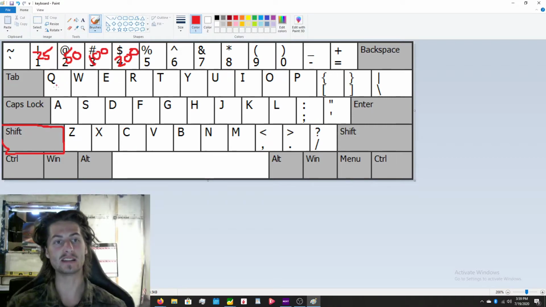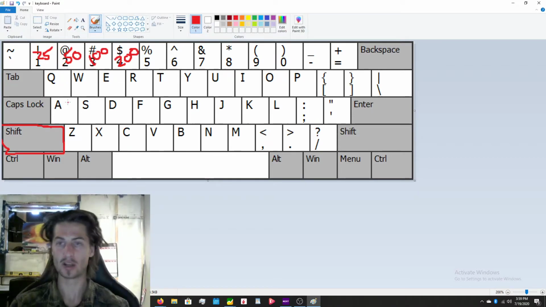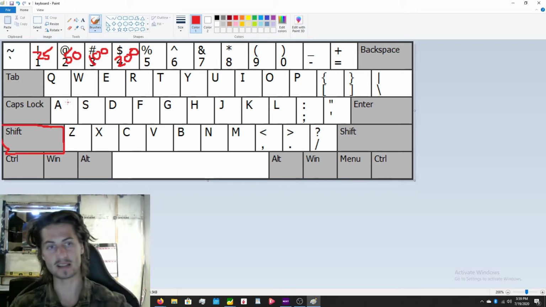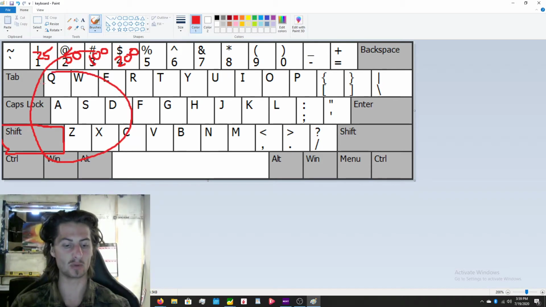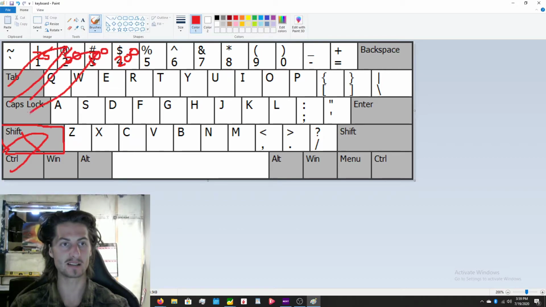So now you can kind of see where my hand is placed on the keyboard. My right hand is on the mouse and my left hand is kind of in this vicinity on the keyboard, kind of hanging off the side. So usually my thumb here is on shift, and then my other fingers can access these ones, right?